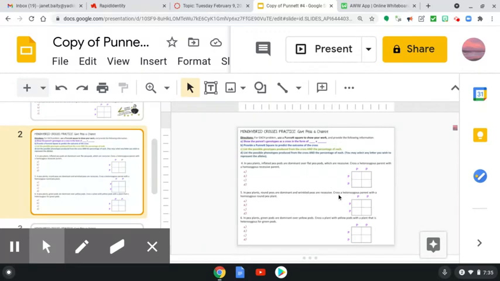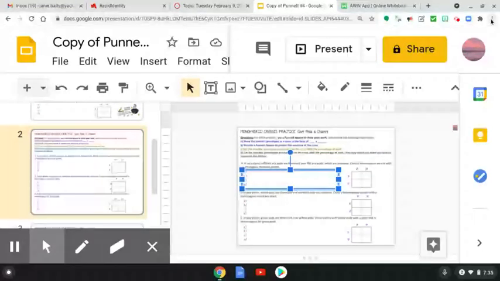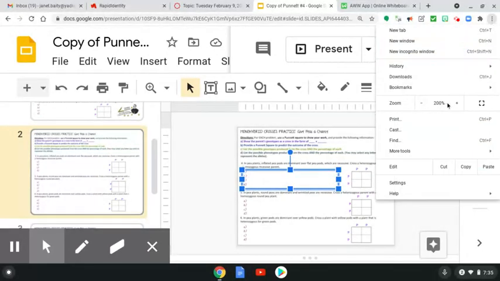Bam! I'm back. So if you mess up, you just have to go up here, like I did, and click the undo button until you get it back to the one you were working on.